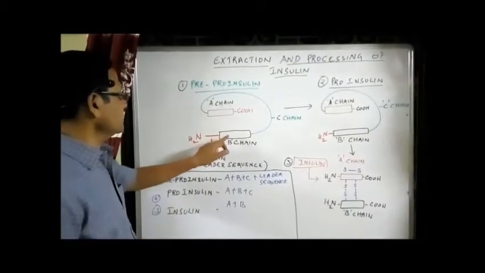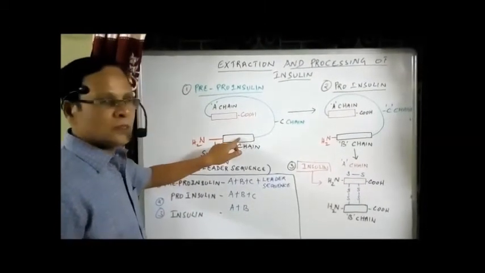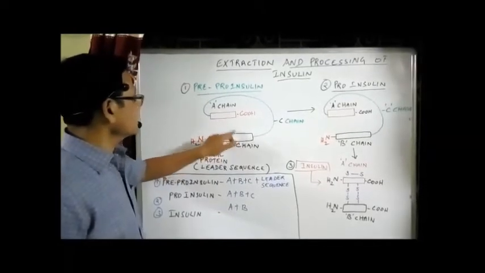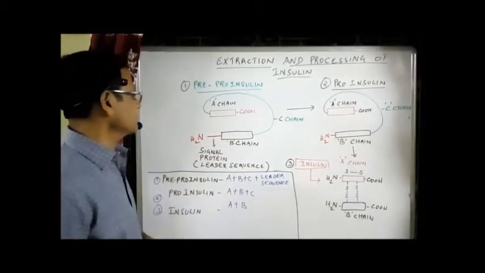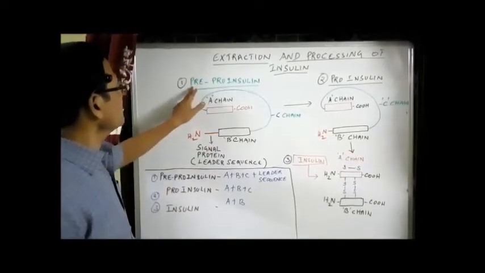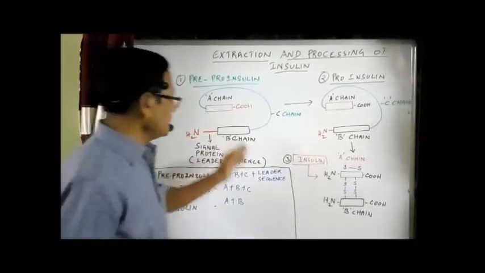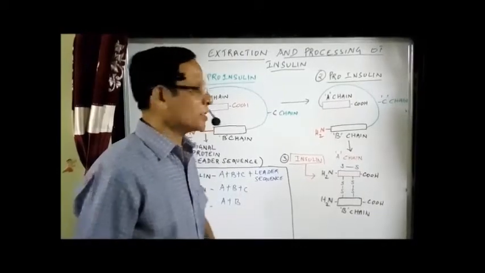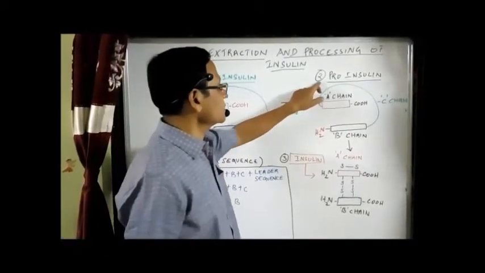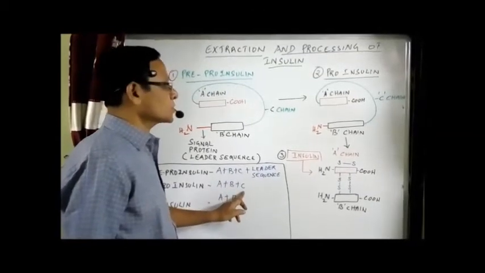The B chain is somewhat larger: it is formed of 30 amino acids, this one is 21, and this one is formed of 33 amino acids. Now the Prepro Insulin has four components. After the leader sequence has been removed by translation, we have the proinsulin having only segments A and B and also the C chain.